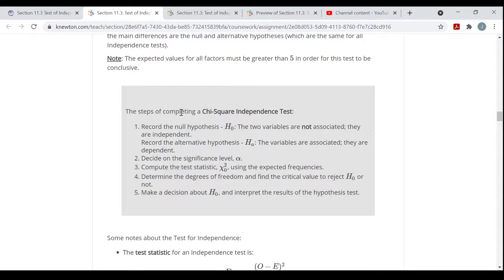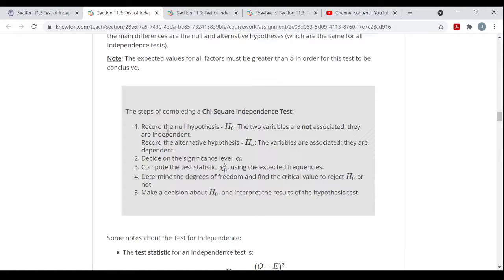Alright, so the steps of completing a chi-square independence test. The first is, as usual, record the hypotheses. Again, for every independence test, we're going to have the same hypotheses. The null hypothesis is that the two variables are not associated, meaning they are independent.